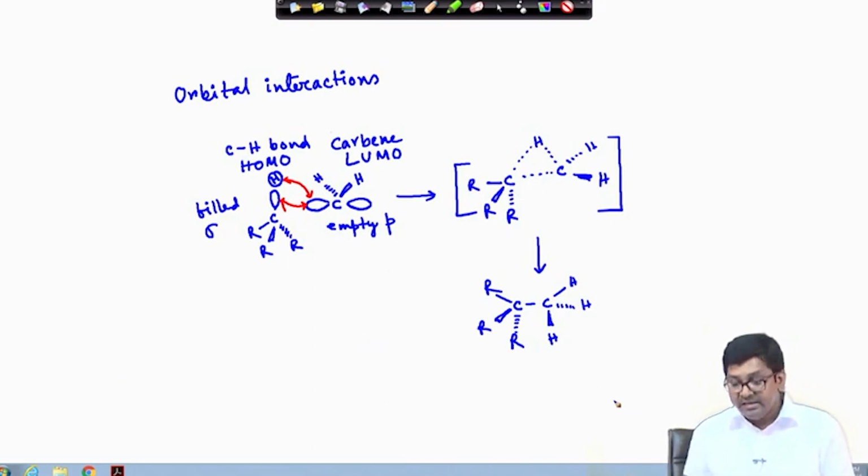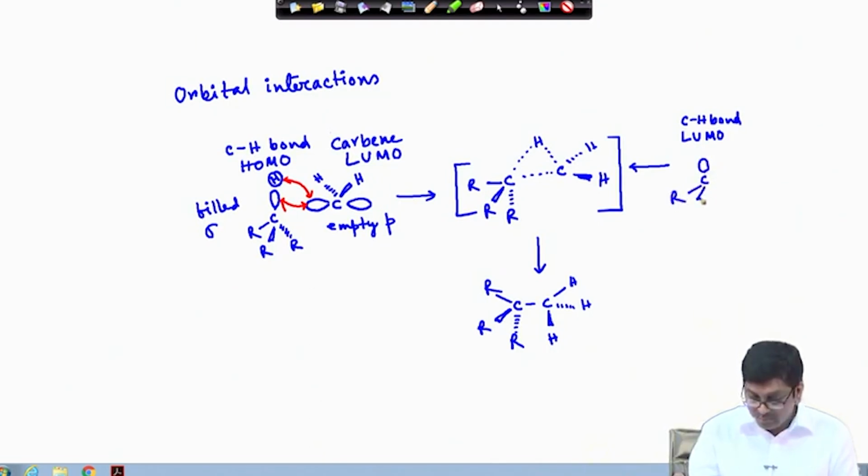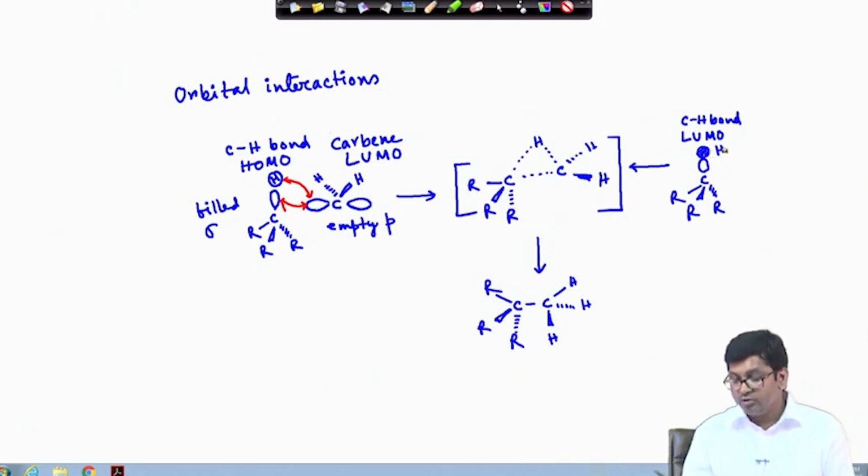In a similar way, we can see that this particular step can be obtained in the opposite way. That means if we now consider the carbon hydrogen bond LUMO, that is the empty sigma star, this is the hydrogen. So this is the empty sigma star.